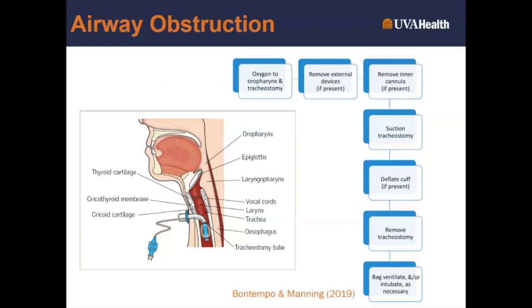If an airway obstruction still persists, you'll deflate the cuff if there is a cuff present, right? So now we're allowing more space within the trachea itself for air to get in and out, especially through the mouth and the nose there. And then, worst case scenario, you're going to remove the tracheostomy.